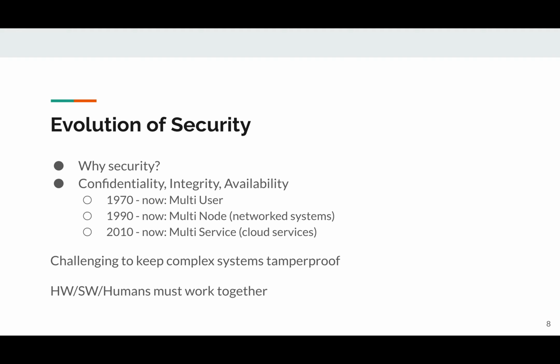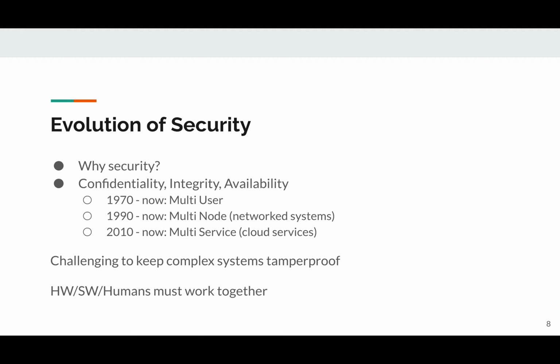Then from the mid-80s, early 90s, networks started becoming more popular, and all the computers started being part of larger networks. So now every executing computer node, every part of a network, should be able to be isolated from other nodes in that network, because you wouldn't want, for example, a completely different node in the network to access your computer and execute commands on it.